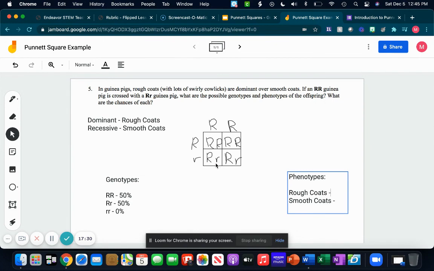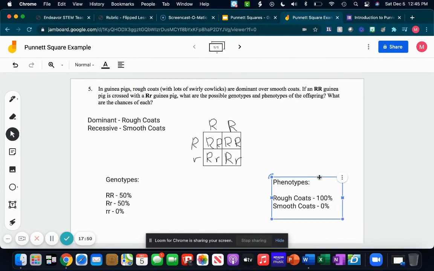So it turns out that all of these boxes have a capital R. So that actually means that it's going to be 100% are going to have the rough coats. And then you have 0% with the smooth coats. Again, feel free to rewatch this example if you need to go over it again. Okay?